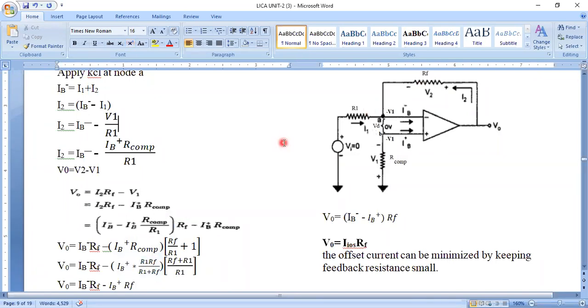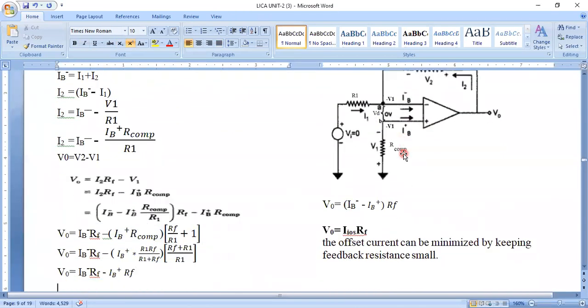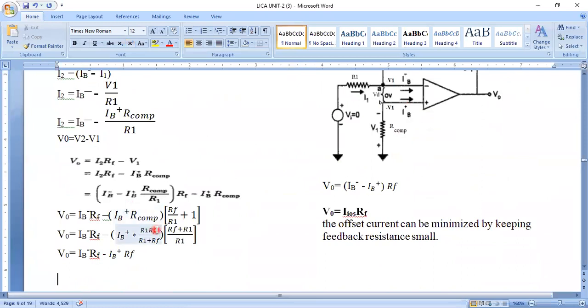From the previous discussion, R compensation is equal to RF into R1 divided by R1 plus RF. I resubstituted the value here, and if we simplify, the value of V0 is equal to IB minus into RF minus IB plus into RF.